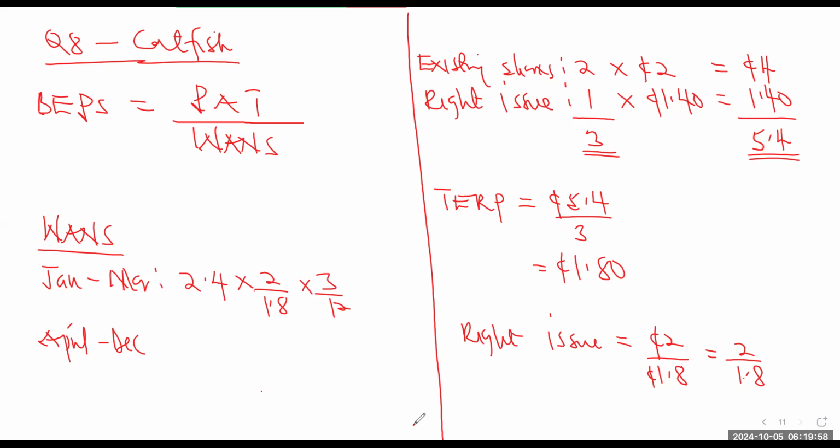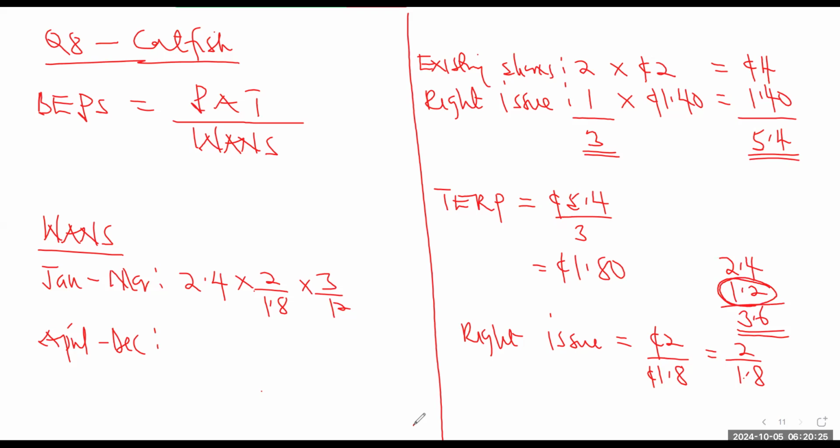Let's come here. We are coming to have the total number of shares. So we have the 2.4 million shares at the beginning plus 1 for 2, which is half, that will give us 1.2 also. And that will give us 3.6 million as the total number of shares. Is that correct? It is 1 for 2, so bring 2 of your existing shares for 1. So there will be a new issue of shares that will be 1.2.